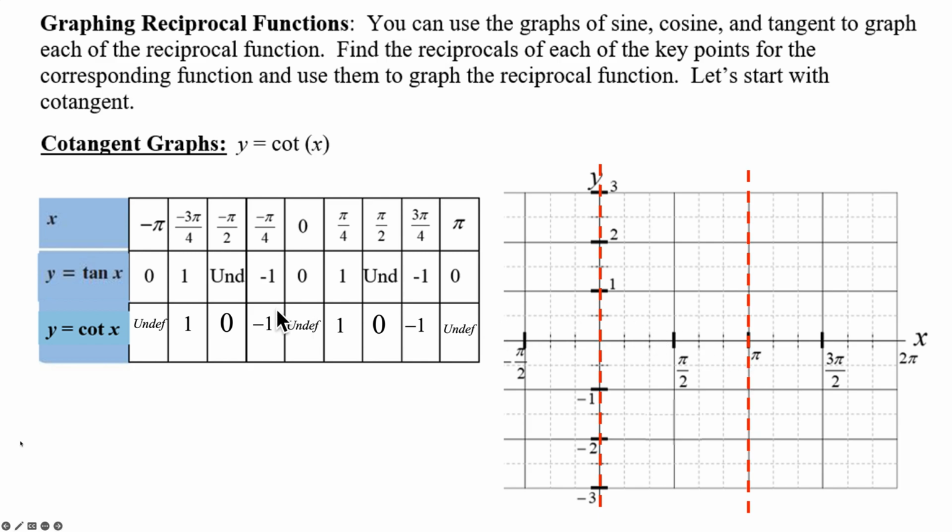Now, in between, let's go between these two asymptote lines. Just like tangent, in between, in the middle, is an x-intercept. Now the upper half, cut it in half, I don't go up to 1, I go down to negative 1. And the lower left half, we go up to 1. And here's my curve.